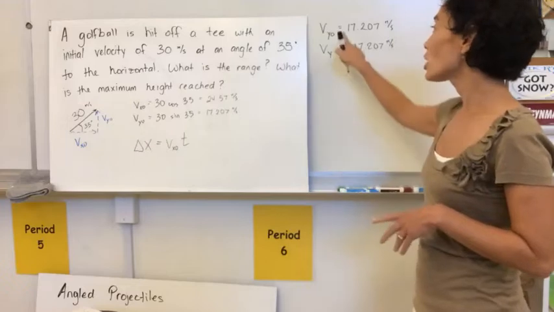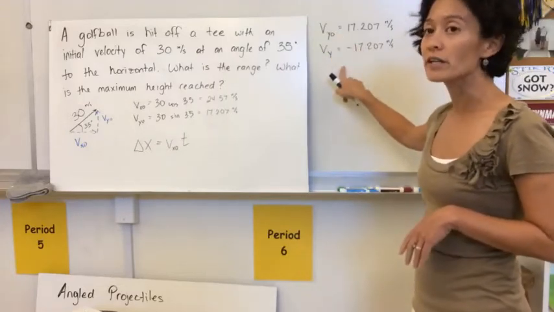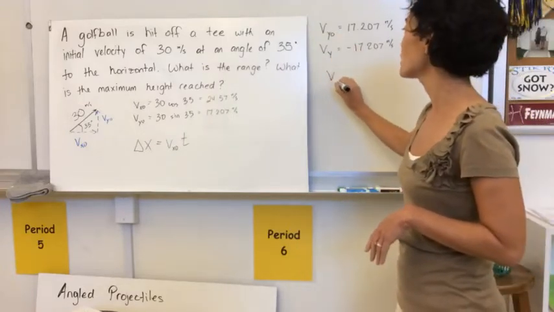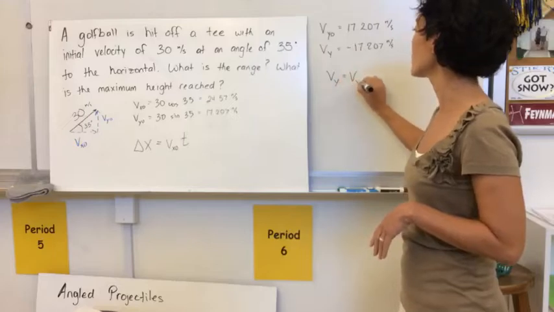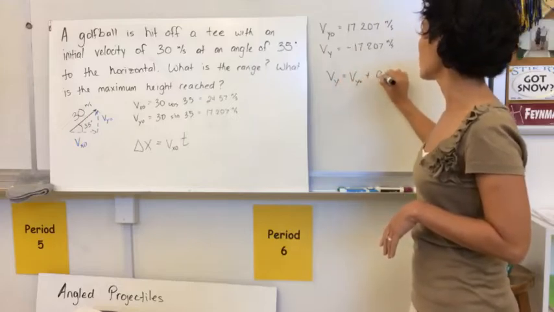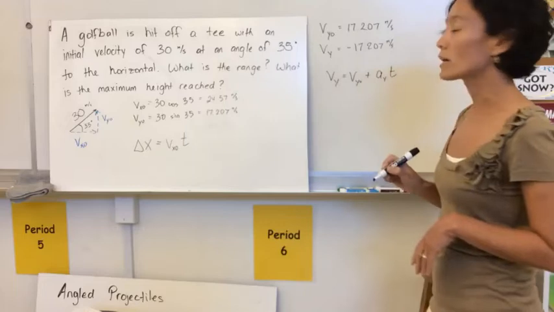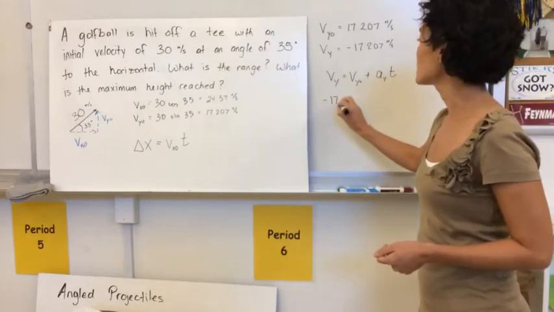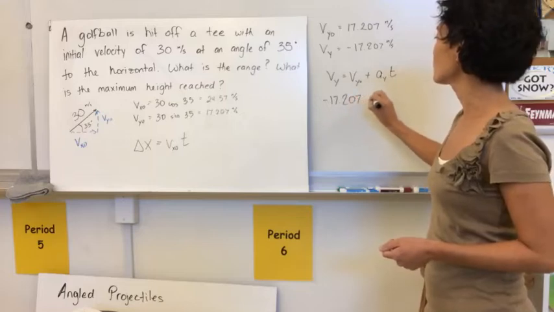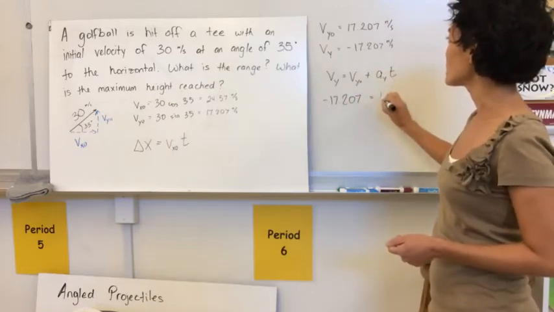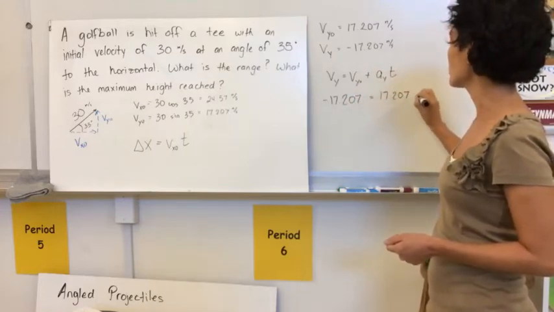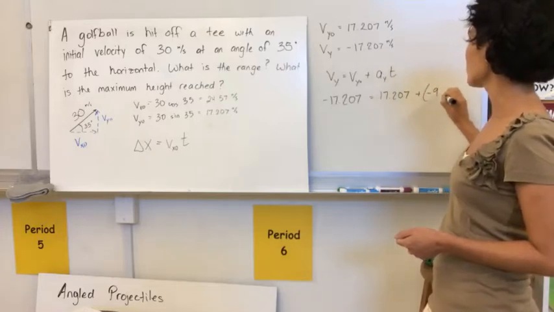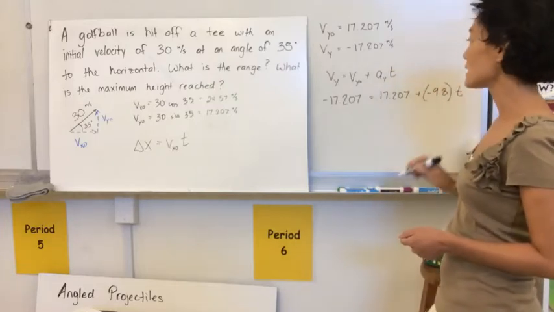So I know my initial value and I know my final value, and so I could use that first equation, Vy equals Vy naught plus a times t, and I could figure out what my time is, because I know my Vy is negative 17.207, my Vy naught value is 17.207, my acceleration is negative 9.8, and I can solve for my t.